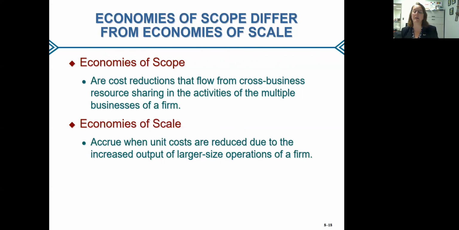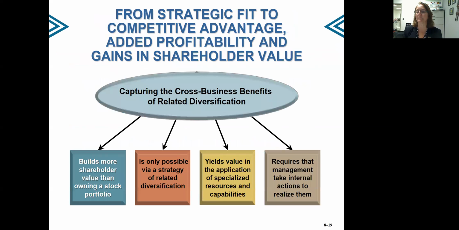Economies of scale is when the unit costs can be reduced because you're producing a larger volume. Okay? So you could experience one or the other, or you could experience both in expanding internationally, whichever way you go.